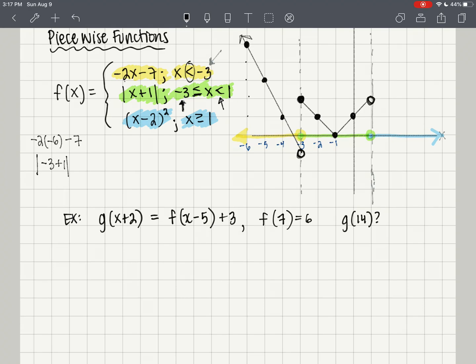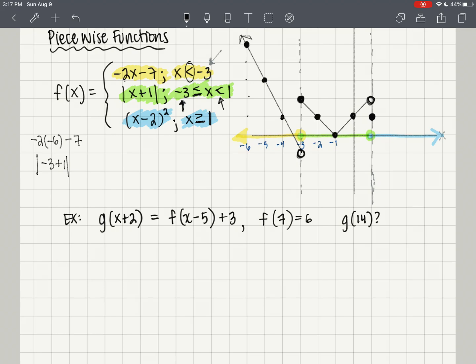And then we have our quadratic graph, the quantity x minus 2 squared when x is greater than or equal to 1. When we put a 1 in, 1 minus 2 is negative 1, and negative 1 squared is positive 1. That value is included because of this equal to sign.